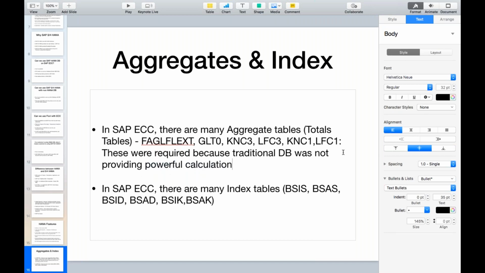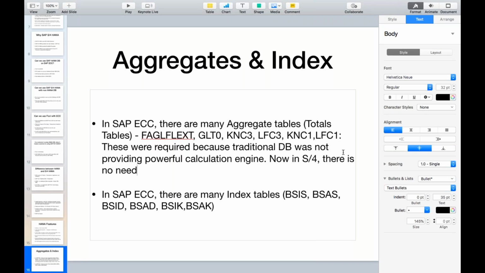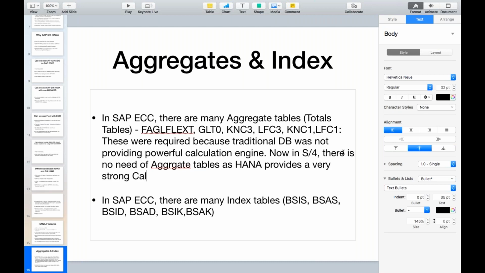So calculations you can do in Oracle also. I'm not saying it is not possible, but it is not that strong. Now in S/4HANA, there is no need of aggregate tables anymore, as HANA provides a very strong calculation engine.